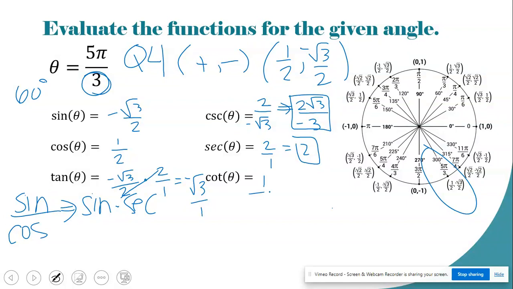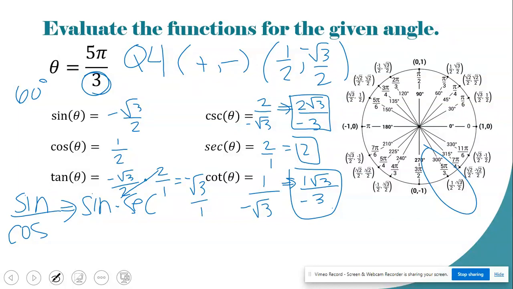So 1 over negative square root of 3 could be cotangent. You can take it off the simplified version. And then we got to rationalize that denominator. So that's going to be square root of 3 over negative 3. Or negative square root of 3 over 3. Doesn't matter where the negative falls.